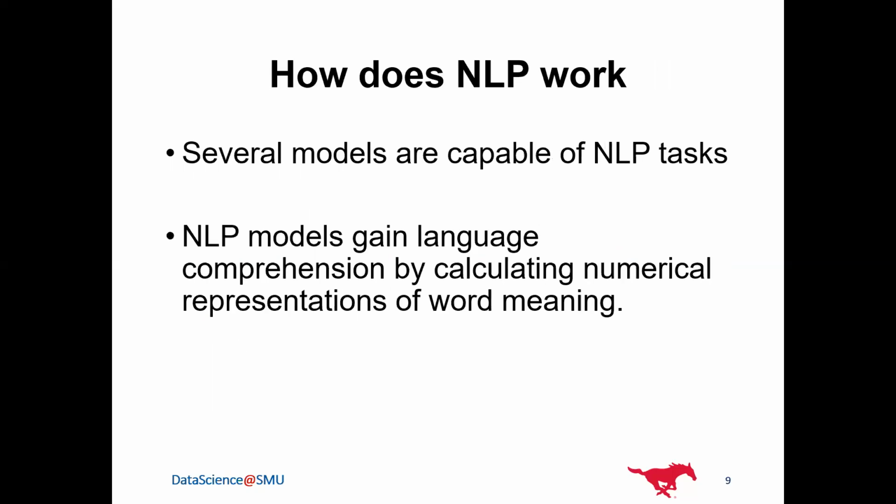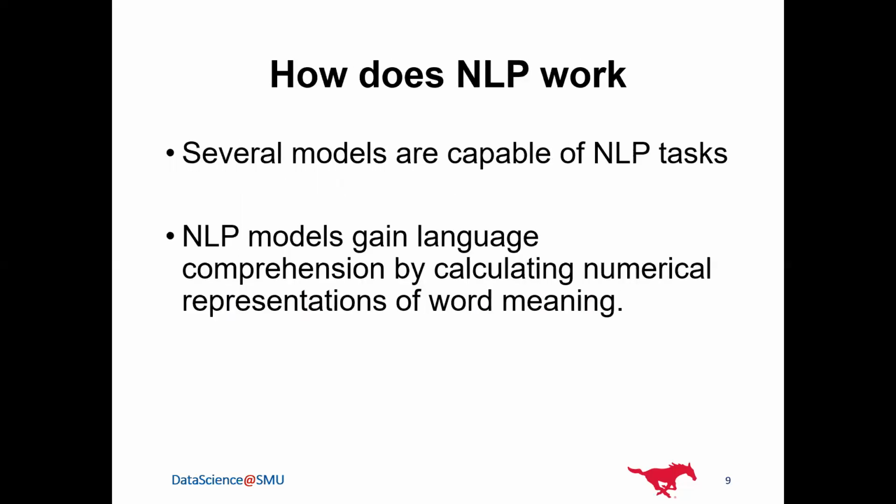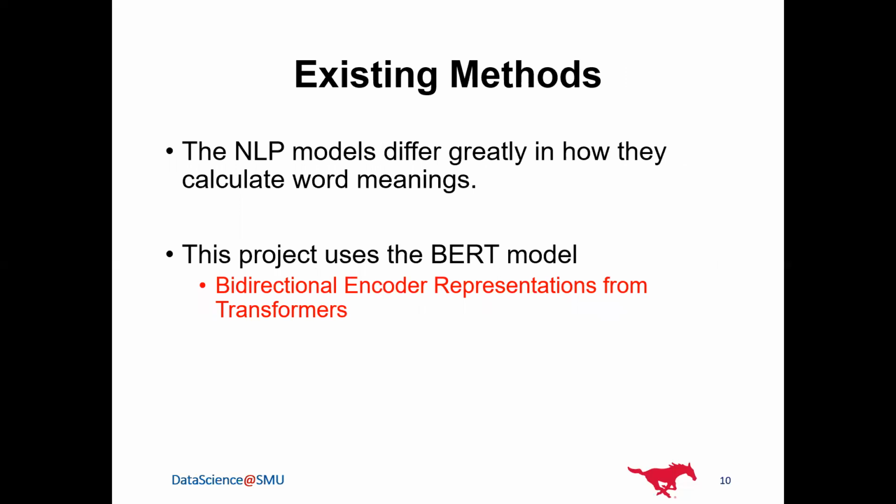We are using BERT, and my friend Ross is going to start from here. Right. So when we talk about NLP, there are several methods and models that are capable of NLP tasks. These models gain language comprehension by calculating numerical representations of word meaning. NLP methods differ greatly in how they calculate word meanings.